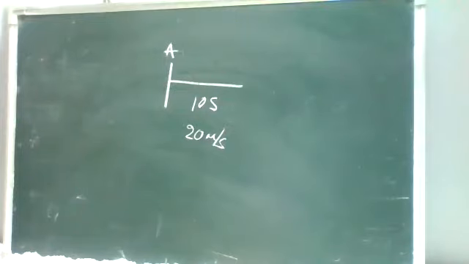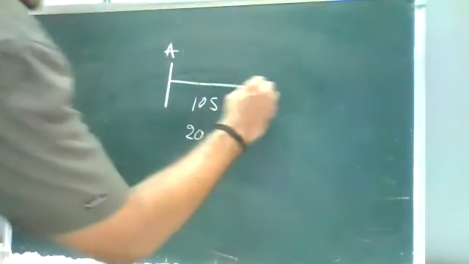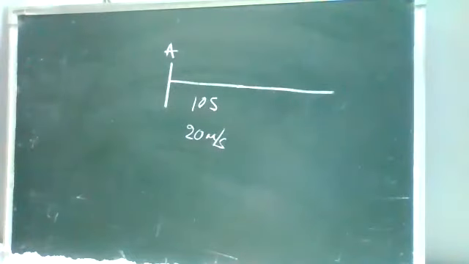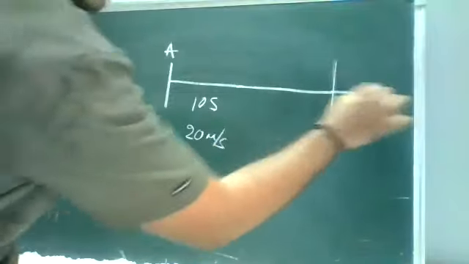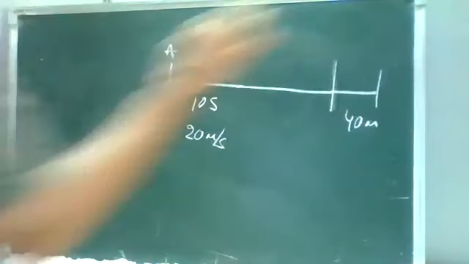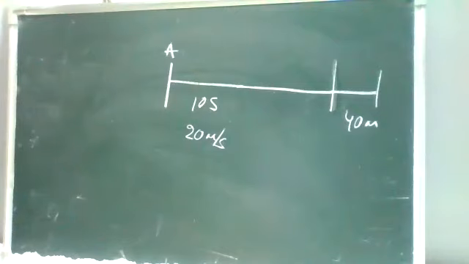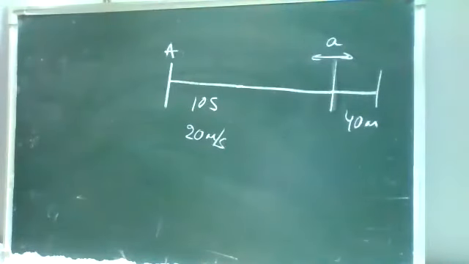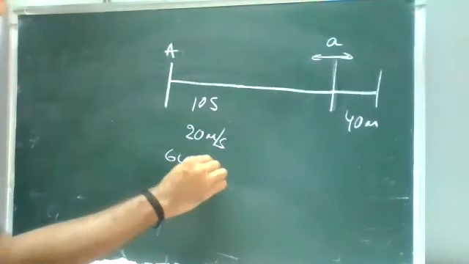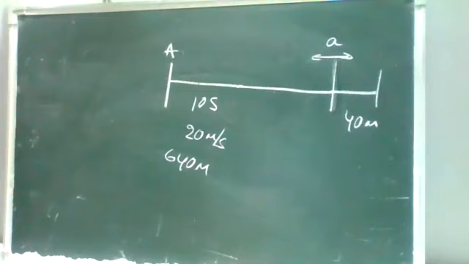It then runs at a constant speed and is finally brought to rest within a distance of 40 meters, with a constant retardation. The total distance covered is 640 meters. We need to find the acceleration, retardation, and total time period.